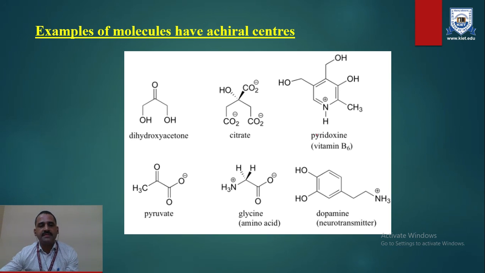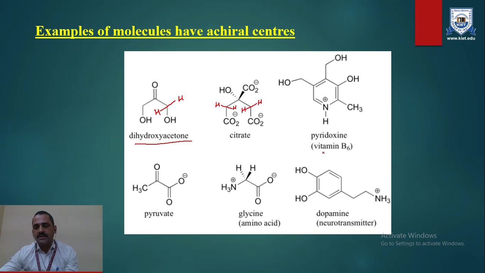We have some examples of achiral centers in molecules like dihydroxyacetone. Both sides of this carbon are substituted with hydrogen. Same here in the case of citrate, there is an achiral center, where the valencies of carbon are substituted with two hydrogens.